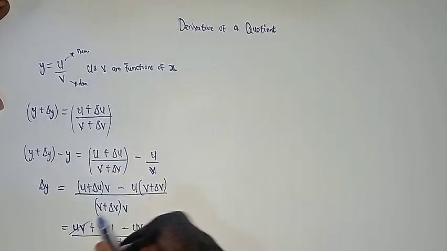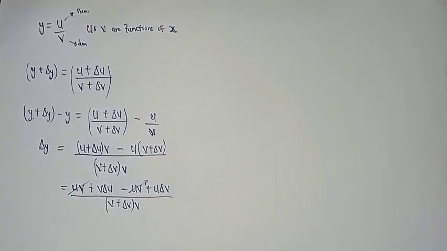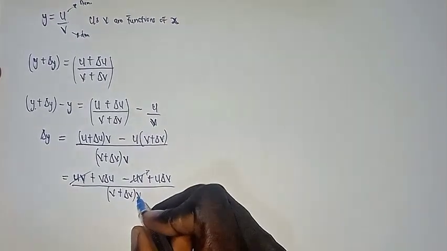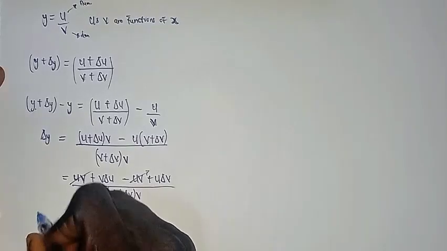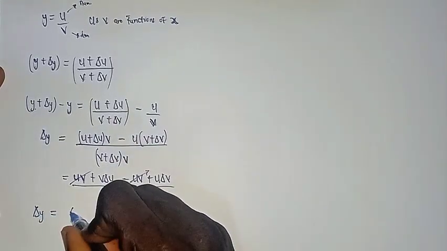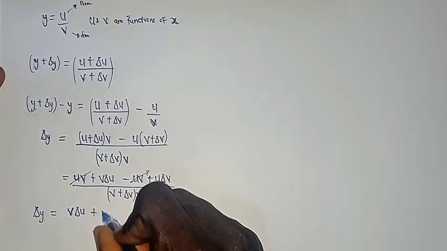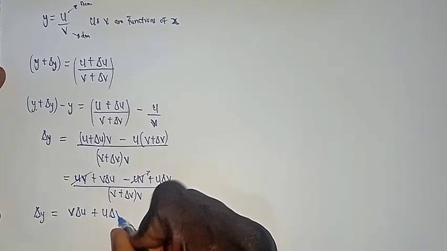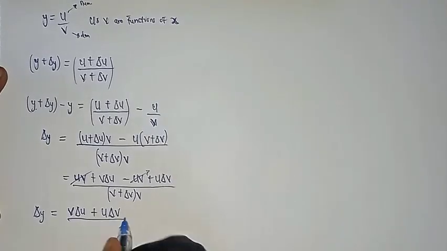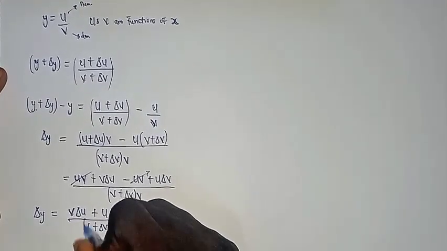Now uv will subtract uv, and so we have delta y equal to v delta u minus u delta v over v plus delta v multiplied by v.